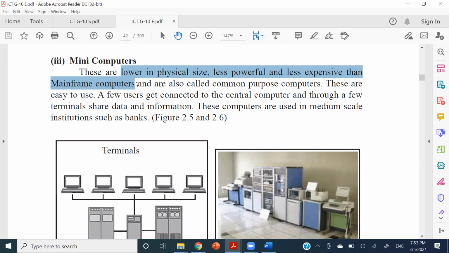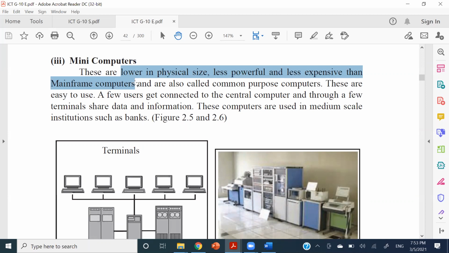And as the next point, you can say also called common purpose computers. General purpose, right?